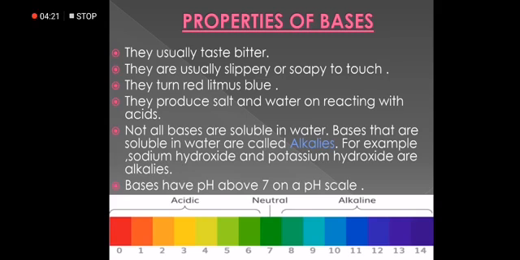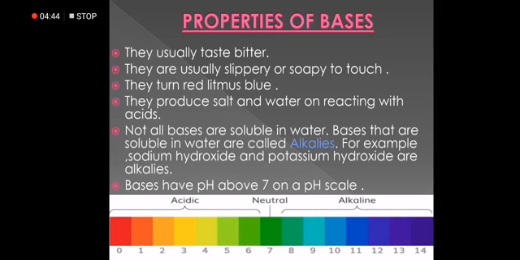pH scale is a parameter which helps us to understand and check the basicity or acidity of a substance. Say for example, we tested a substance on a pH paper and the color was light blue. So the value of that on a pH scale would be around 10.